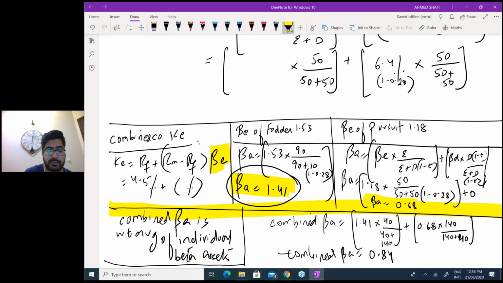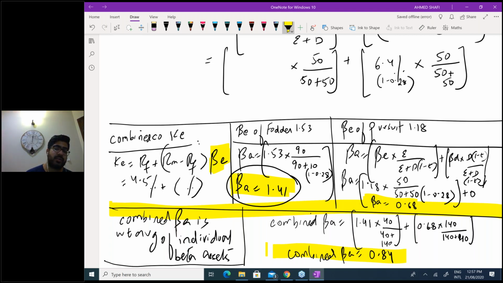Now I'm repeating it. How did I know I needed the individual beta asset? The question has only given one piece of information, that the beta asset of the combined company is the weighted average of individual beta assets. I didn't have individual beta assets. I first had individual beta equities.